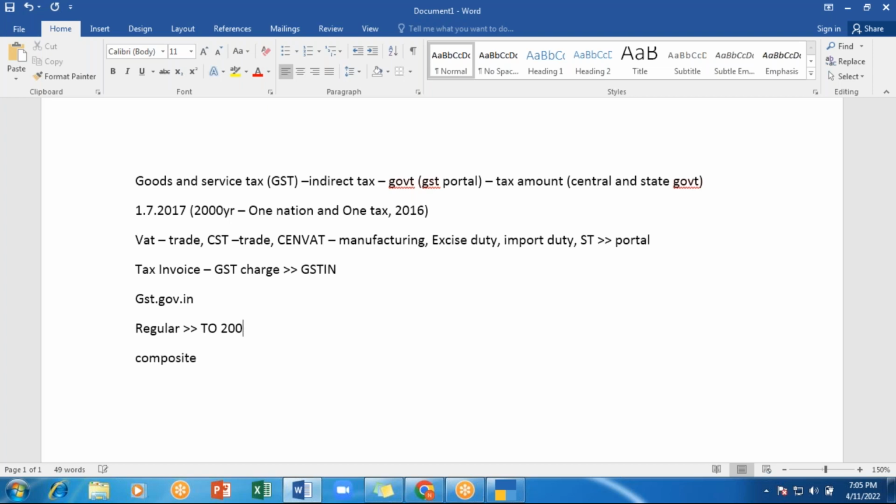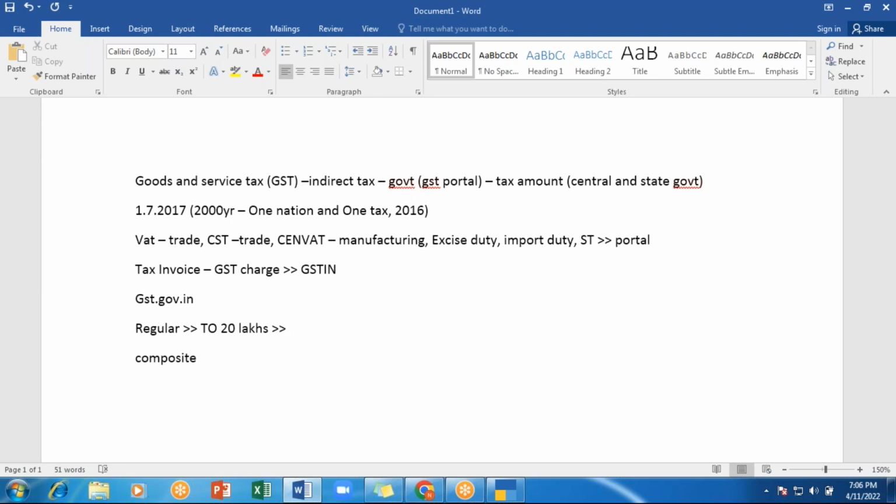Sorry, it is not 2 lakhs, it is 20 lakhs. If any person is getting a turnover of 20 lakhs per annum, in that case this person can register for this GST TIN number.